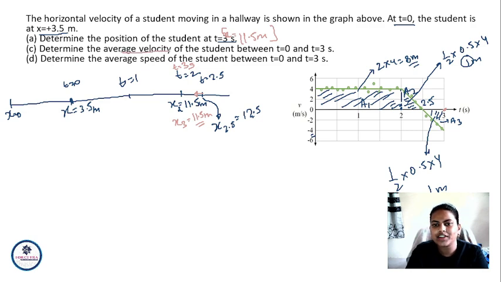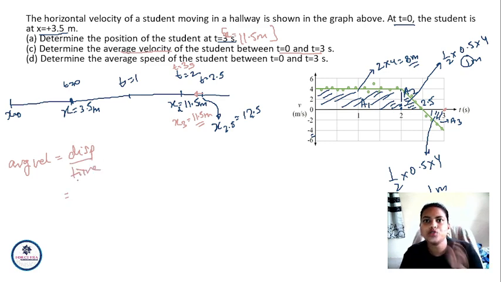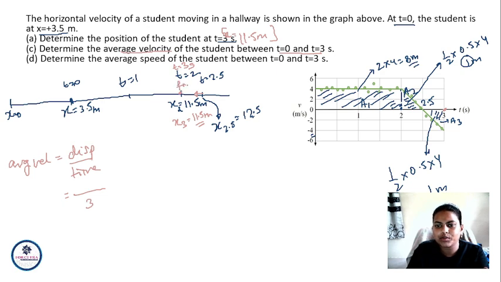Determine the average velocity of the student between 0 to 3 seconds. So what is average velocity? We know average velocity is equal to displacement upon time. What is the displacement between 0 to 3 seconds? At 3 seconds, this is the final position and this is the initial position.